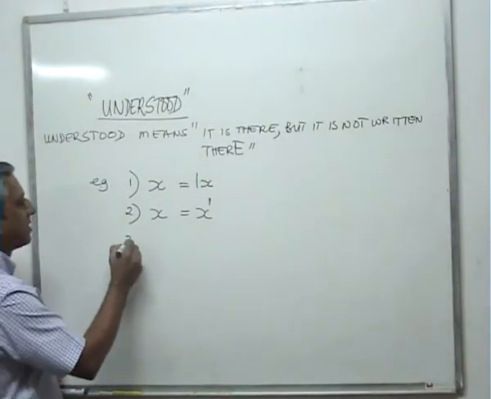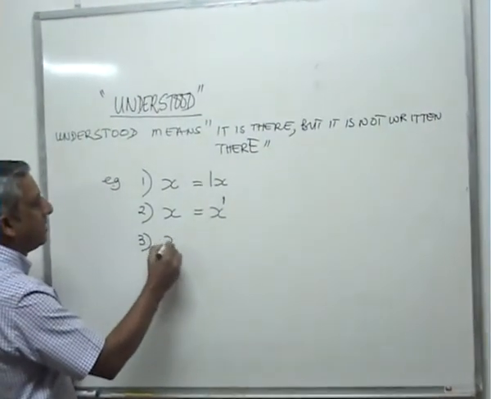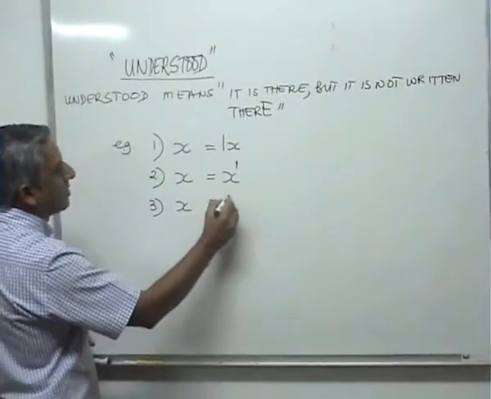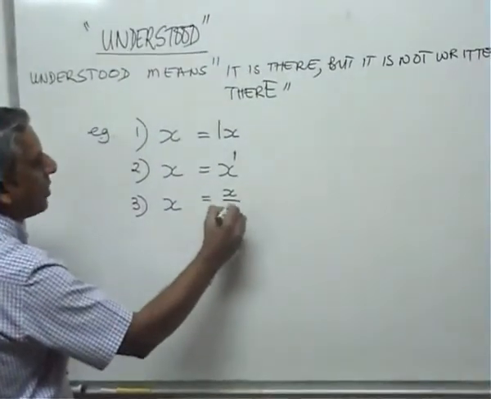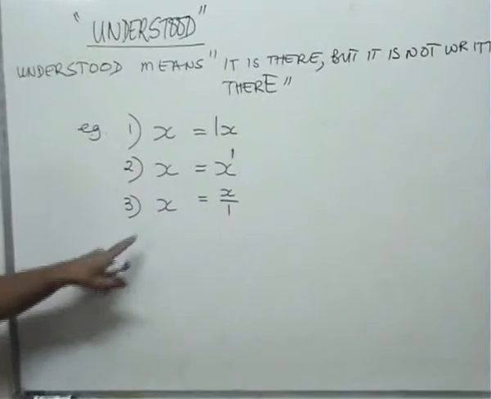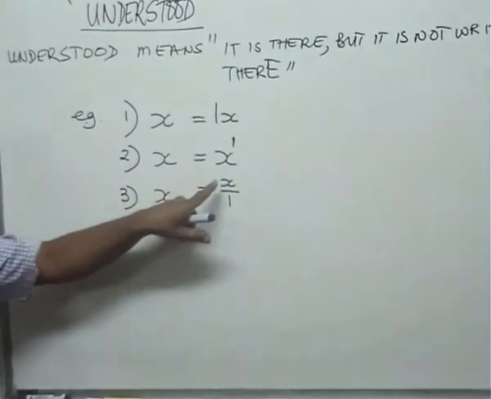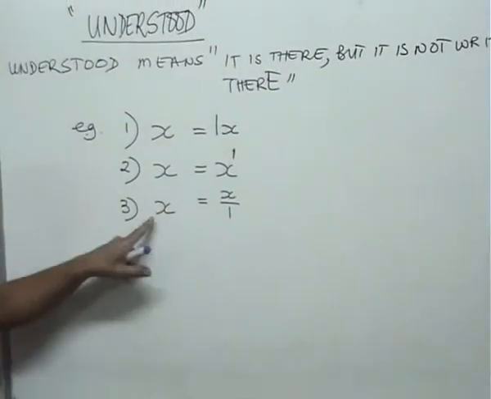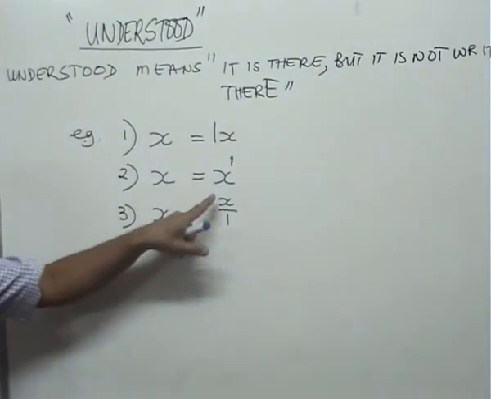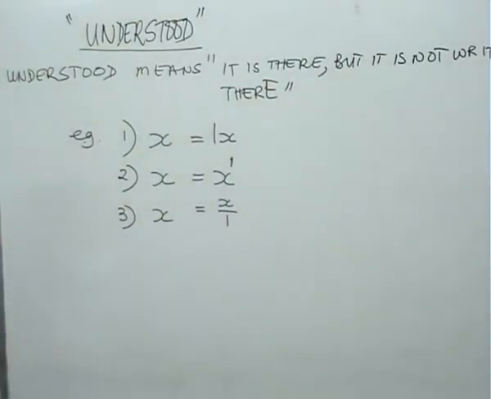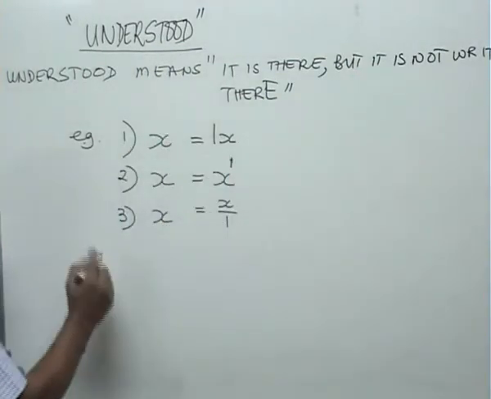Now if we take the number x, it is understood that x can be rewritten as x over 1. In fact, any number can be written as the number over 1. So here it's x, so x can be written as x over 1. So we've got to be clear about these things that are understood.